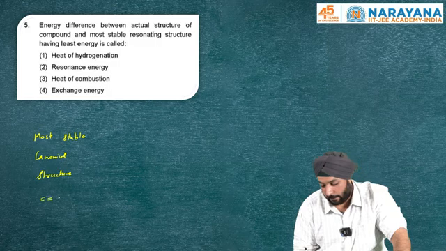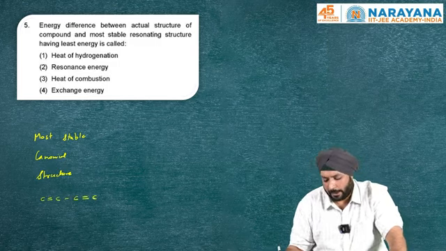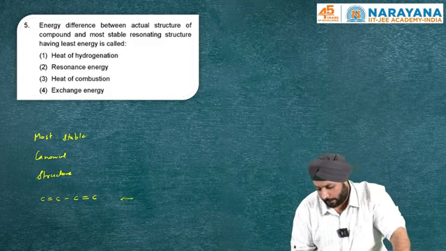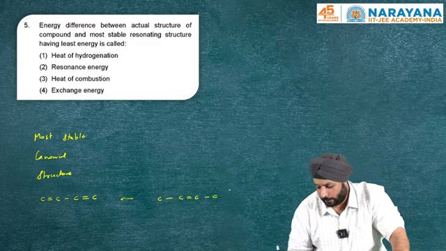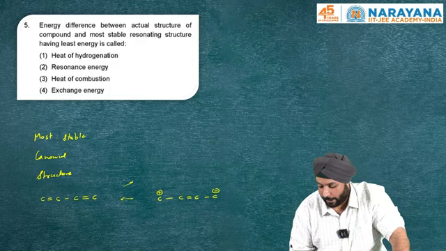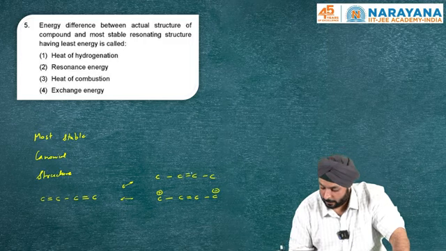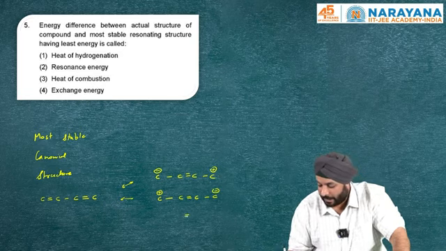Like I have normal butadiene. If I am drawing the canonical structure of this molecule, I'll be having these two canonical structures. Actual structure will be the hybrid of this structure.